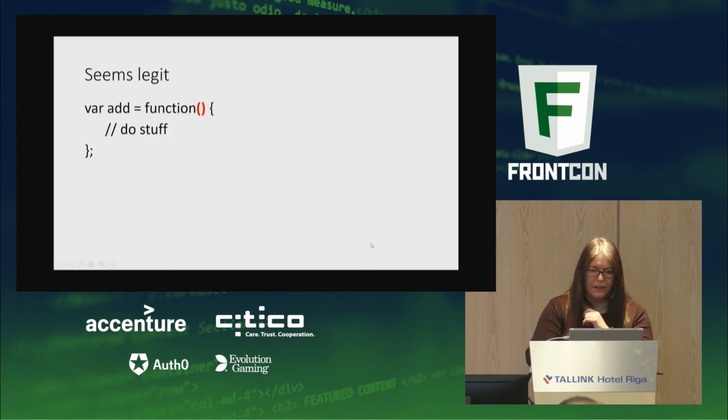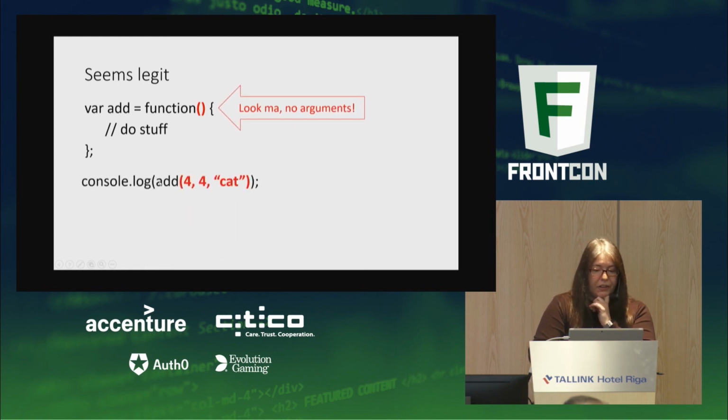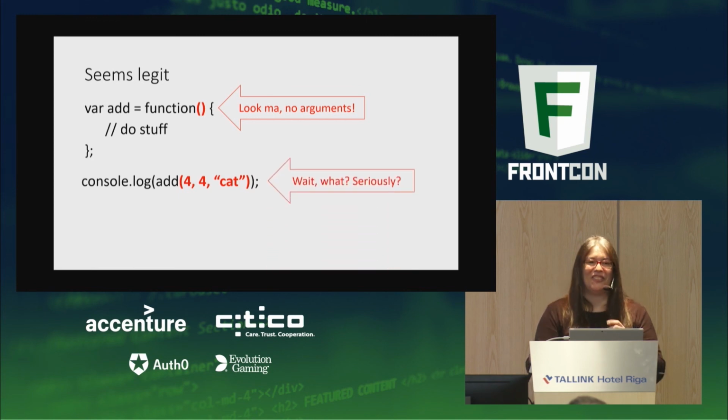Because of the dynamic nature of JavaScript, if I create a function with no args, I can actually do this. I could call it with whatever I want, and it won't error. Any other language would be like, hey, stop that. That's nonsense. Not JavaScript. JavaScript is like, yes, nonsense.